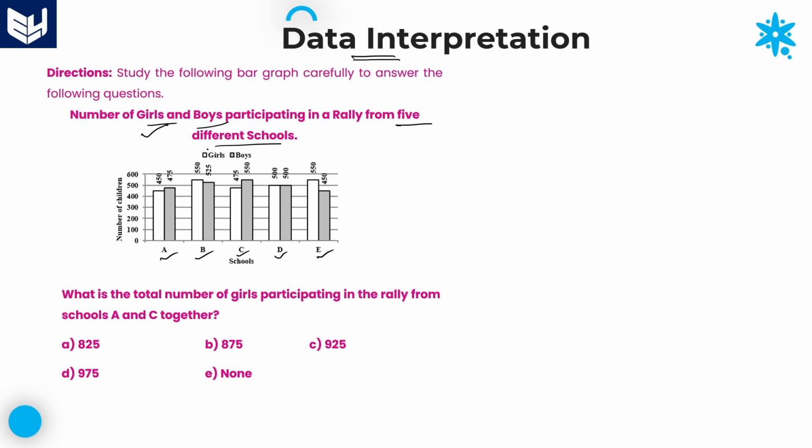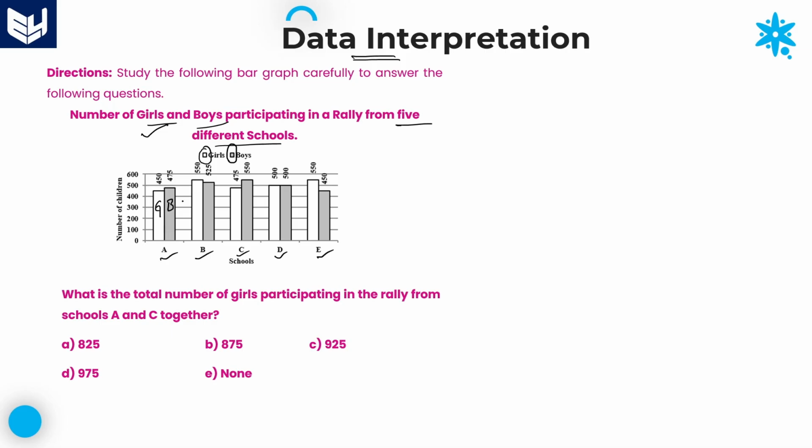Here if you observe carefully, the blank box belongs to girls, and the dark one belongs to boys according to this diagram. So you need to be cautious about which one is boys and which one is girls. Sometimes they will mention the first one as boys and the second one as girls.